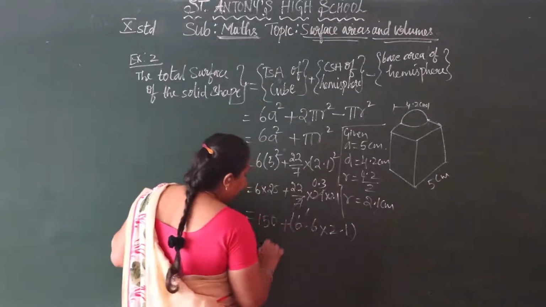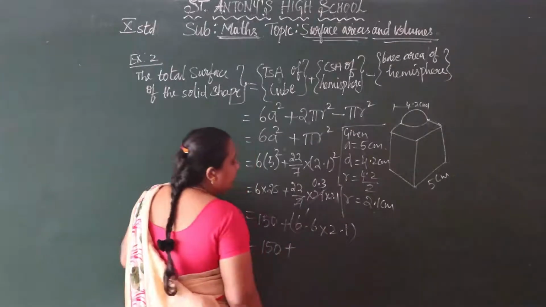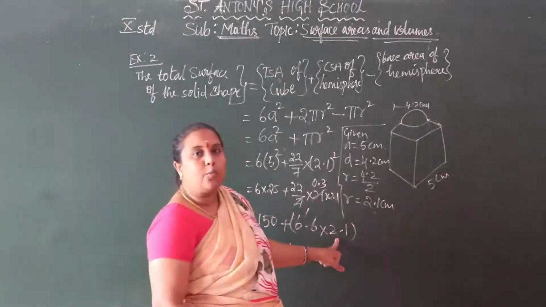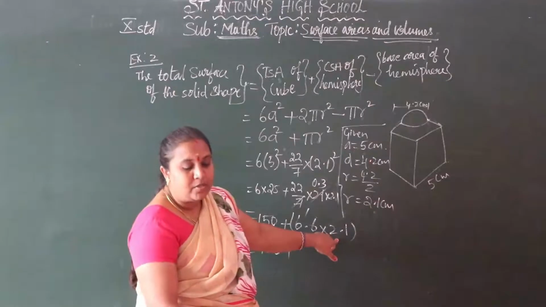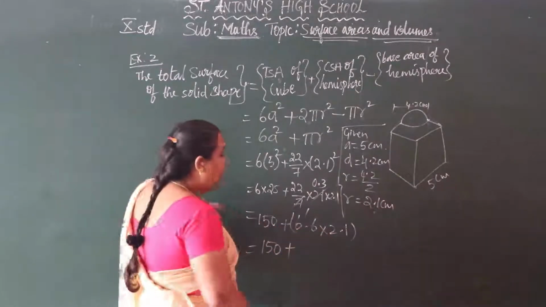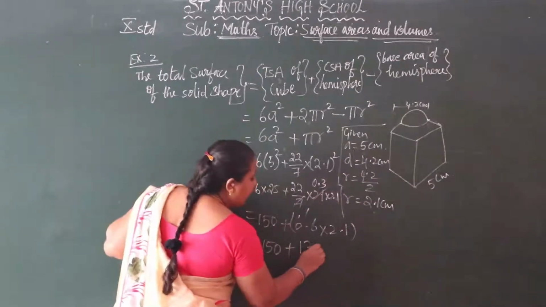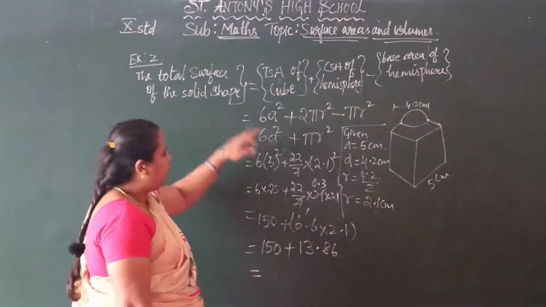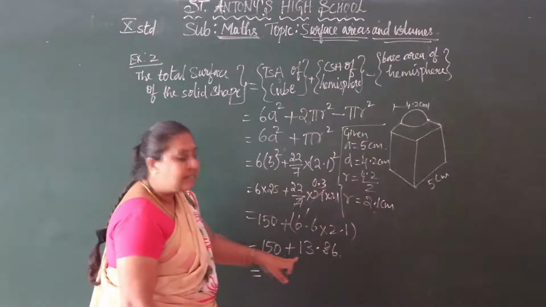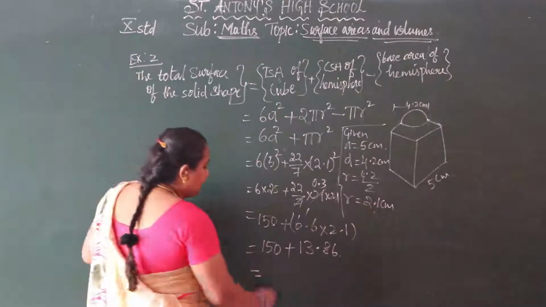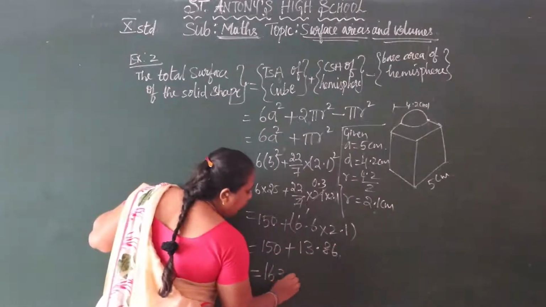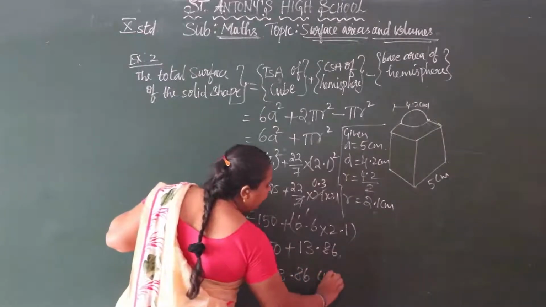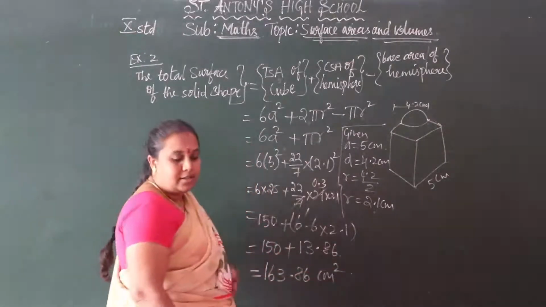We multiply this again: 150 plus 6.6 into 2.1, that is 13.86. So the total surface area of the solid shape is 163.86 centimeter square.